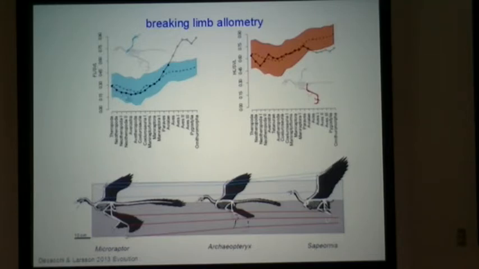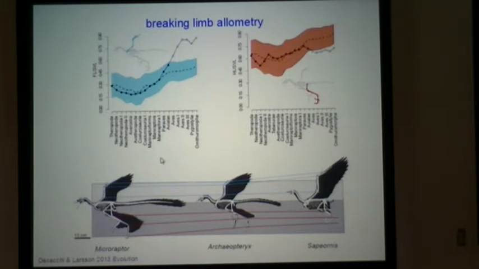And in black is what the phylogeny actually tracks as it goes through it. When we get to the origin of birds, the forelimb actually escapes. It comes out of the 95% limit and just keeps on going and going and going. So right at the origin of birds, the wing seems to become allometrically decoupled from body size. The hind limb, we did the same thing, and right at the origin of birds, the hind limb becomes allometrically decoupled from body size and actually gets smaller than expected.